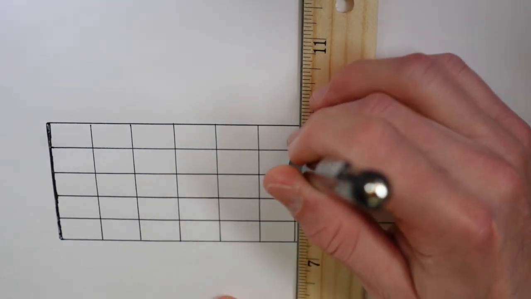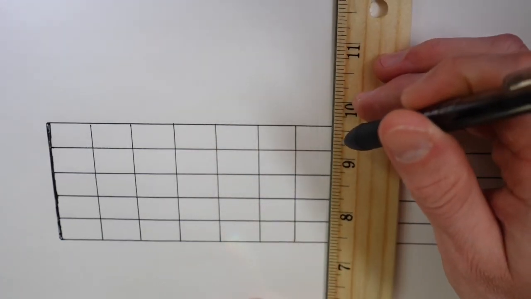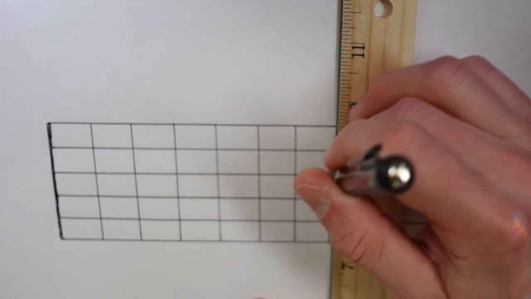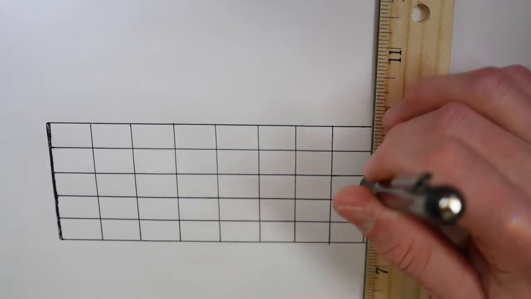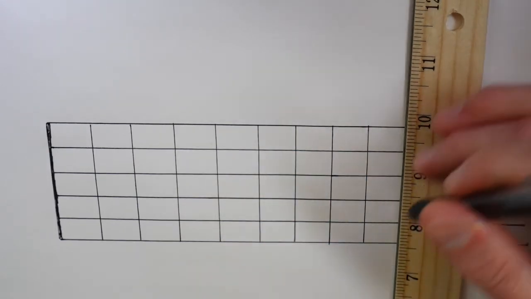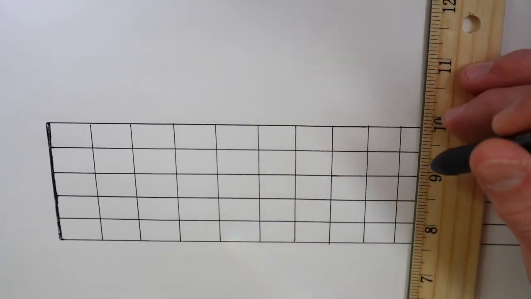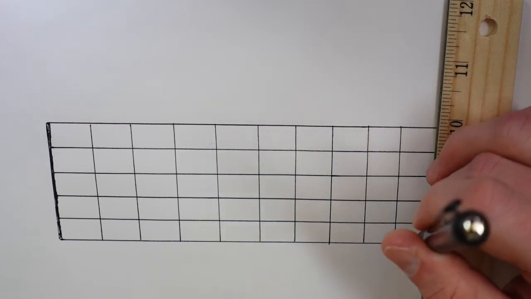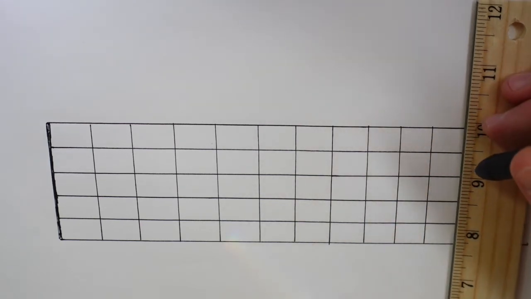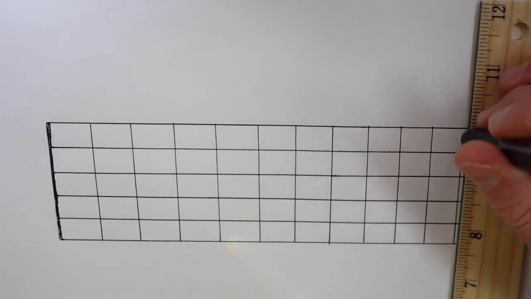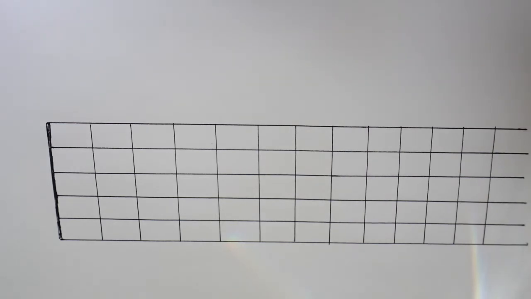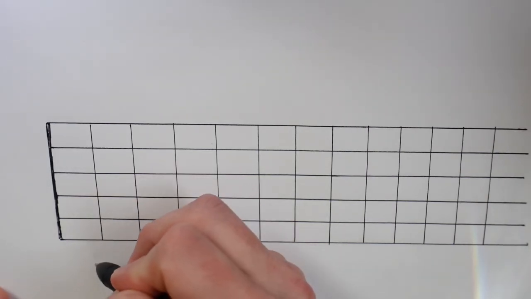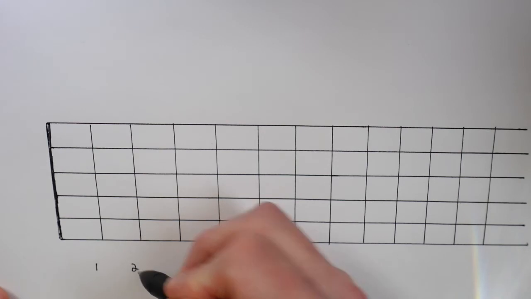Gotta try to get them all in there. 6. 7. 8, 9, 10, 11, and 12. Good. I like to number these as well. So here's fret 1. Just go right through.